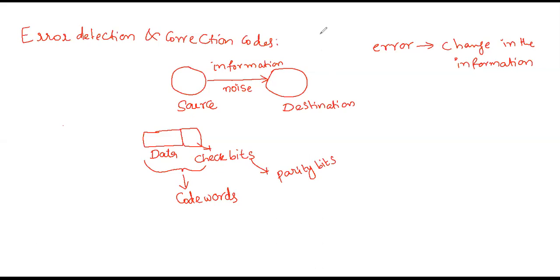A code word is a combination of data and check bits. Now, first we'll go with the error detection.